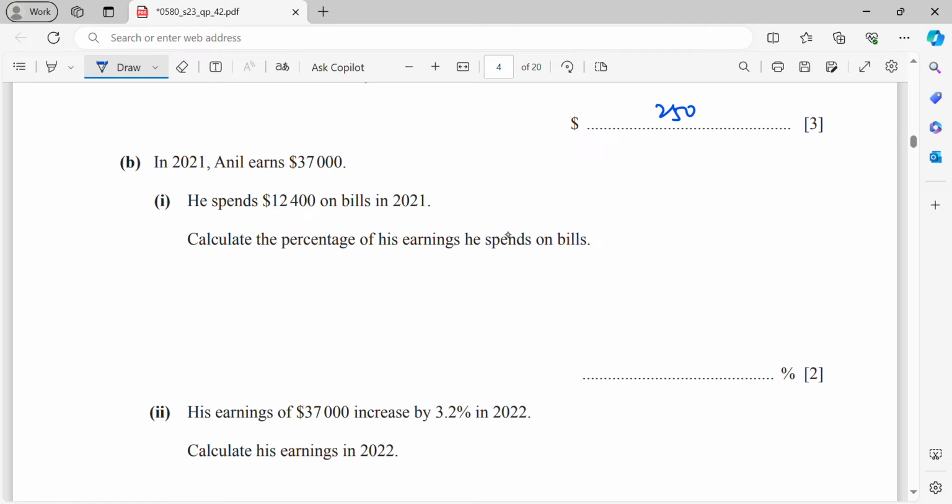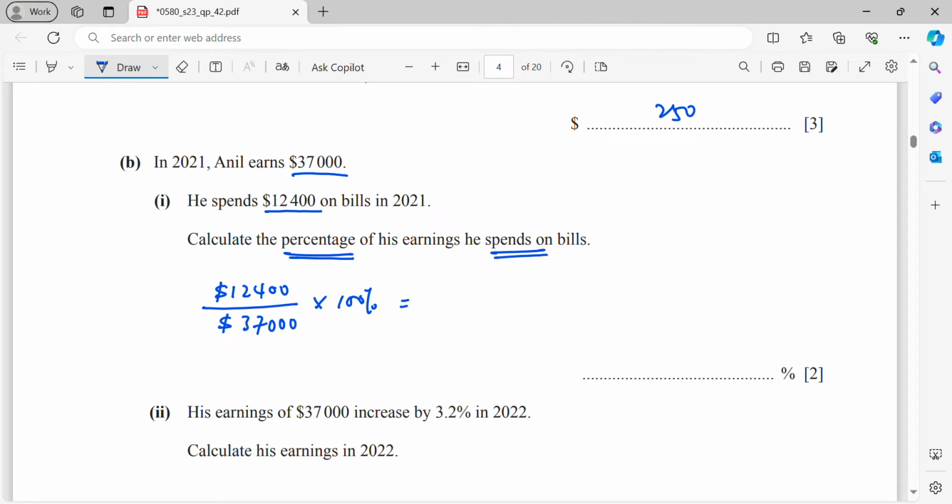Okay, B. In 2021, Agnes earns $37,000. He spends $12,400 on bills in that year. Calculate the percentage of his earning he spends on bills. So percentage he spent on bills, it will be the amount that he spent on bills over the earning, okay, then times 100%.